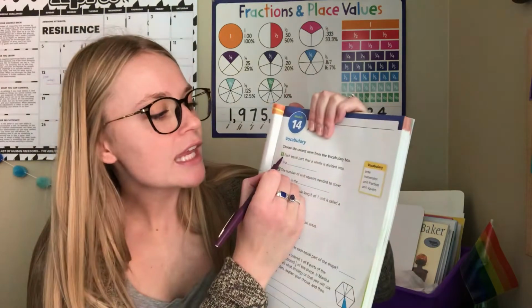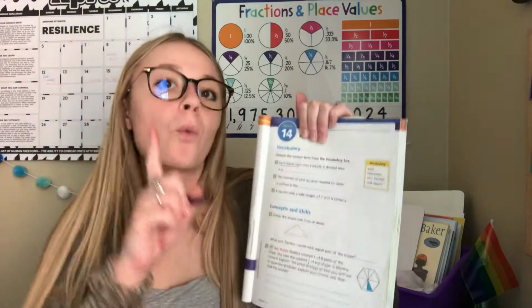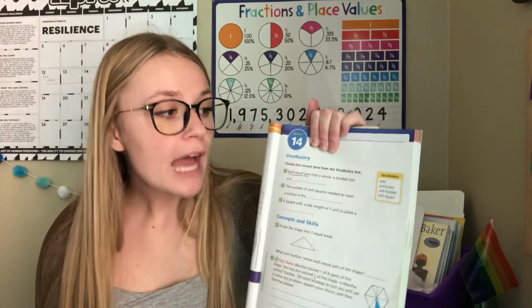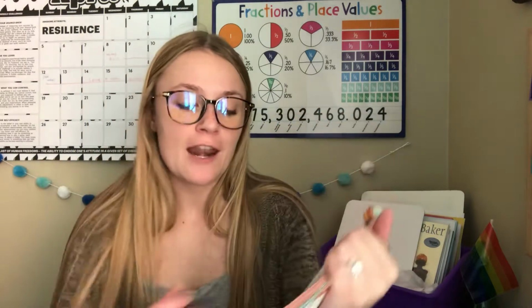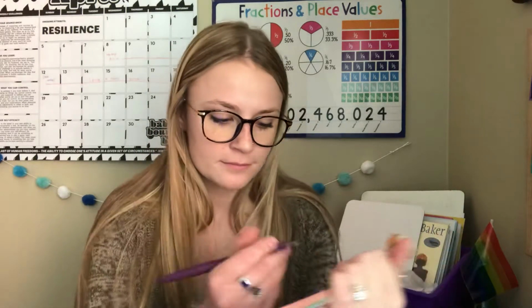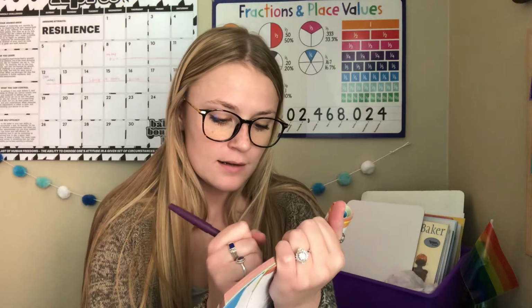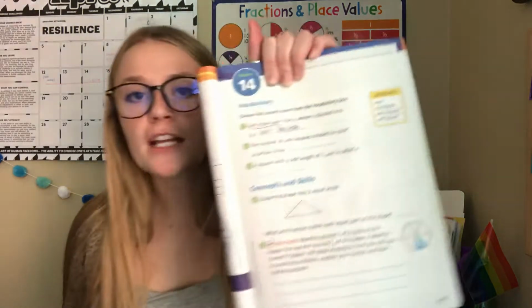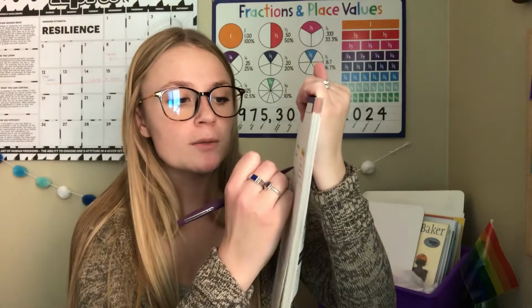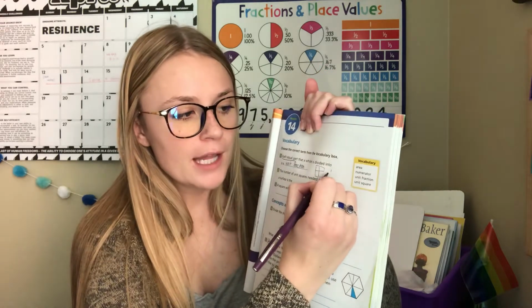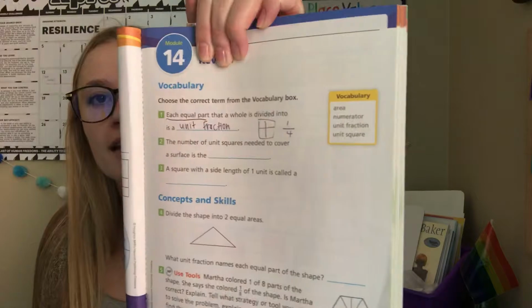We're talking about each equal part, so one part of a whole group. That would be called our unit fraction. So I'll write that in. Again, if our square was divided into fourths, a unit fraction would be 1/4, like that.